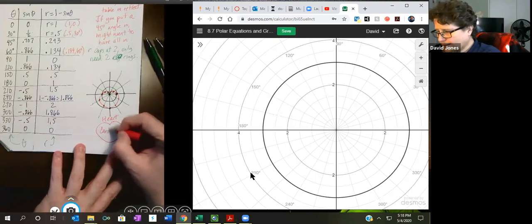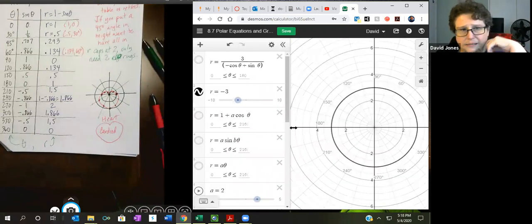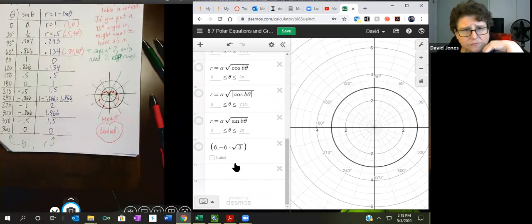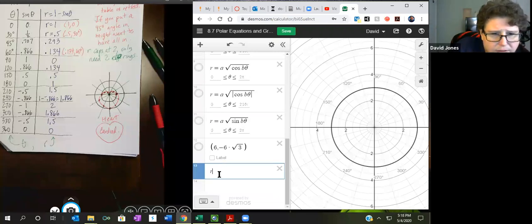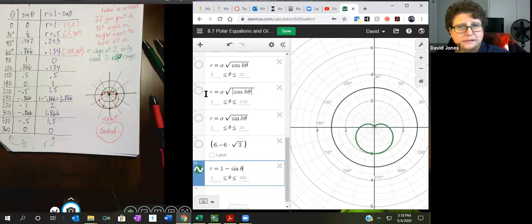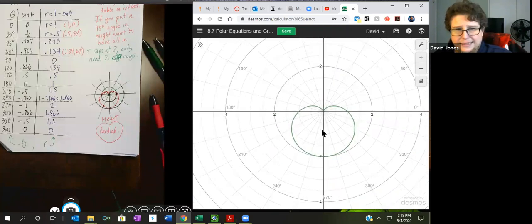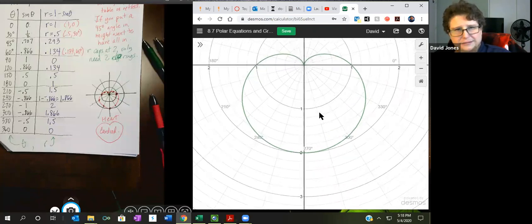It's called a cardioid. See? It makes a heart. It's called a cardioid.